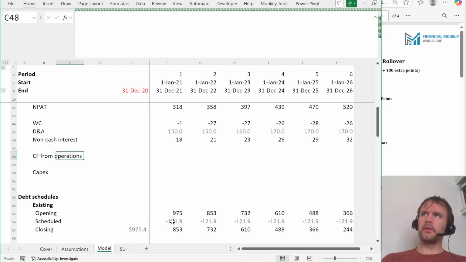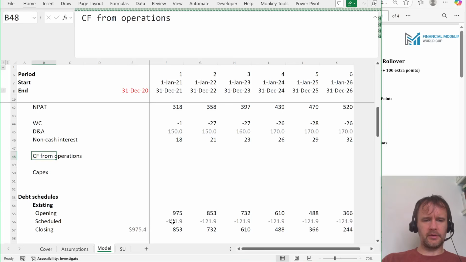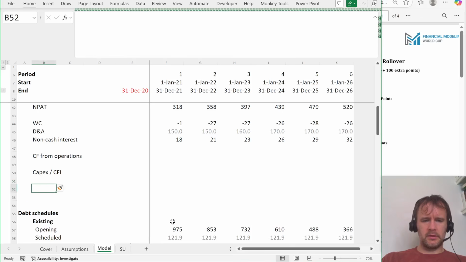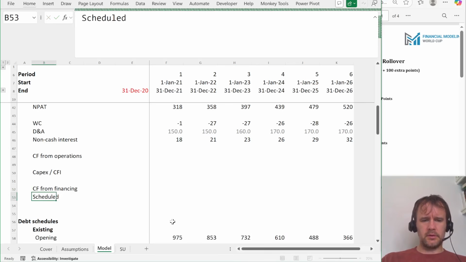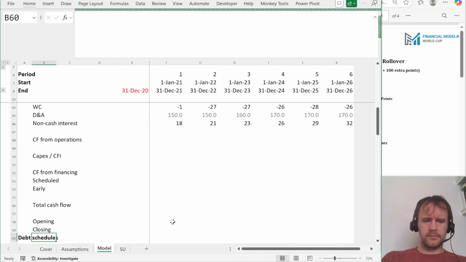Oh, hang on, wait. Sorry, we also need, oh no, sorry, the early repayments are going to be financing activities, that's fine. So CapEx is going to be our only cash flow from investing, and then cash flow from financing is going to be scheduled and early, which will get us to total cash flow, and then we'll have opening, closing.